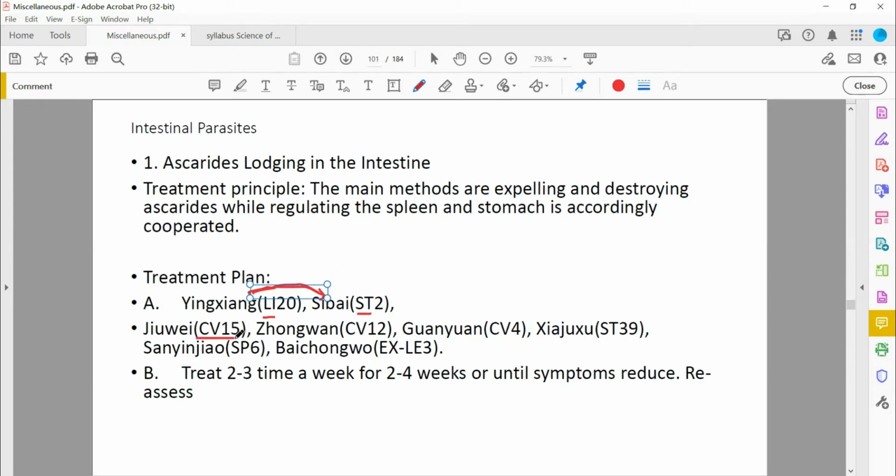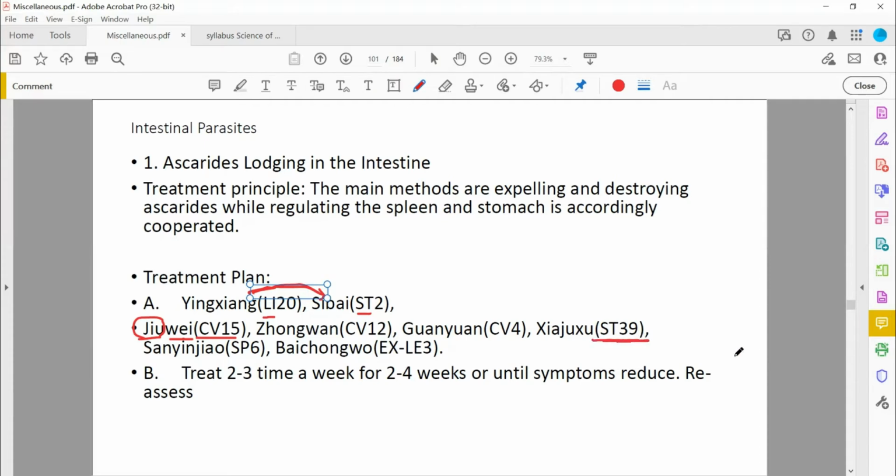Jiuwei, CV15. Jiu, that's a bird. Wei means tail. So it's kind of a bird's tail, CV15. So this one is used as a local point. And because it's a bird, birds like to eat worms. Right, so use CV15. So empirical points too. Zhongwan CV12, Guanyuan CV4, Xiajuxu ST39.